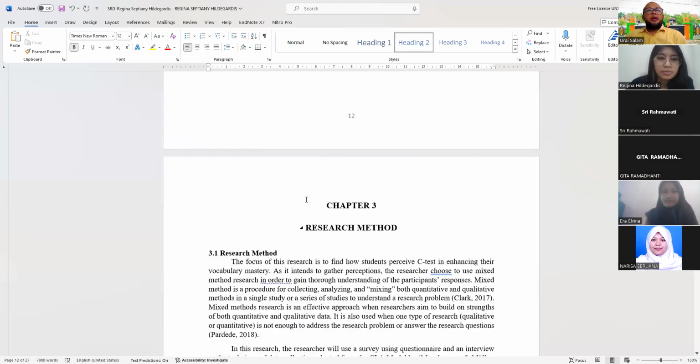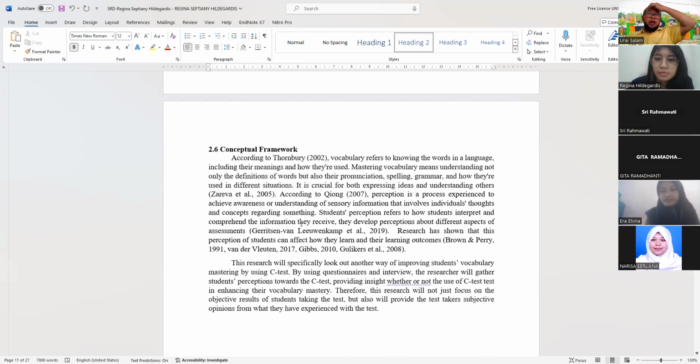Now, conceptual framework, once again, actually to summarize, to synthesize the theory about perception and the description of C-test. So actually in conceptual framework, this is the cross section. I mean, this is kind of the summary of C-test and summary of the perception, ya.